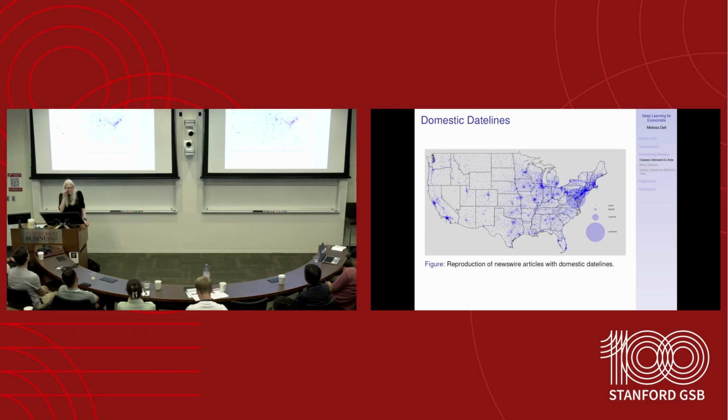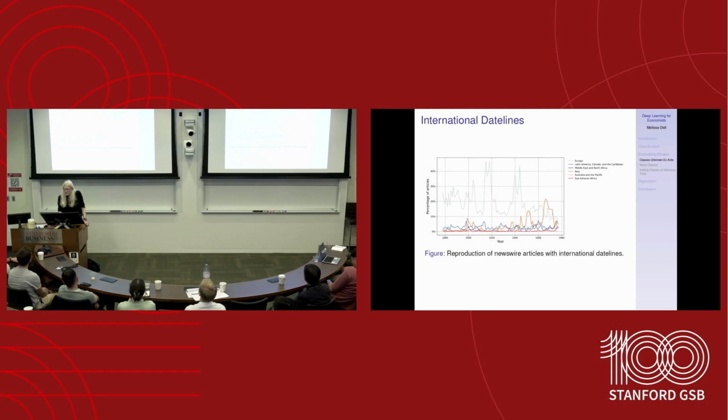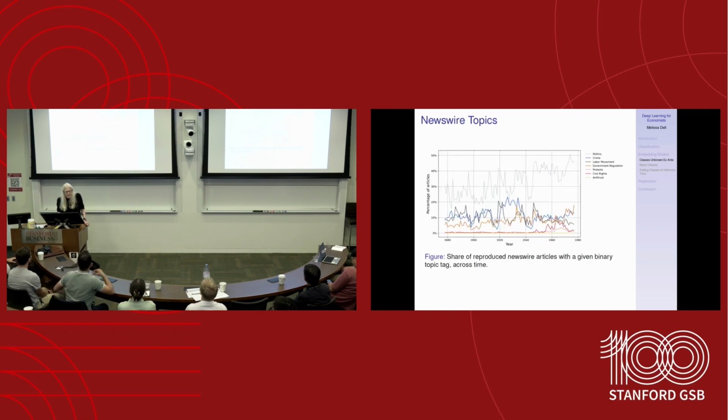We include other information, so we extract, again with deep learning, the dateline, which is where the article was published. You see articles coming from across the US. This is international datelines. You can clearly see wars in this figure, so it makes sense.